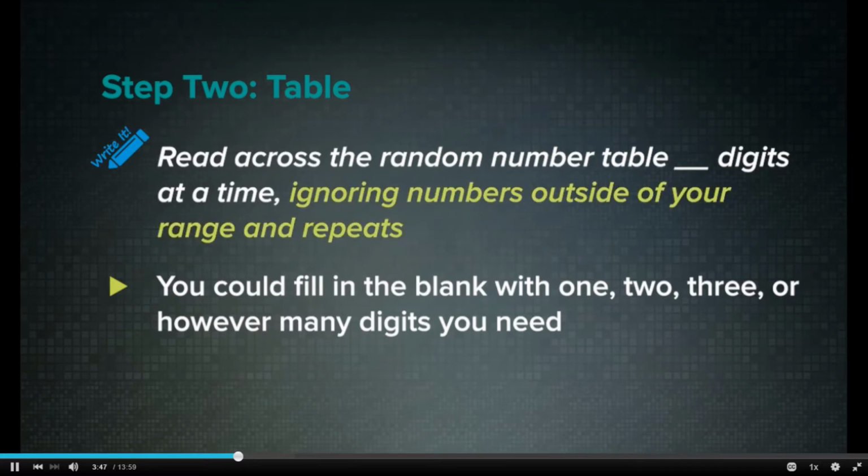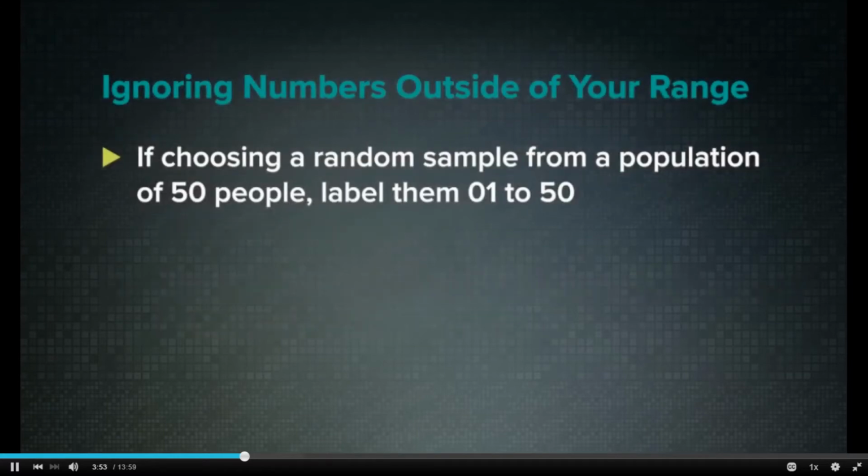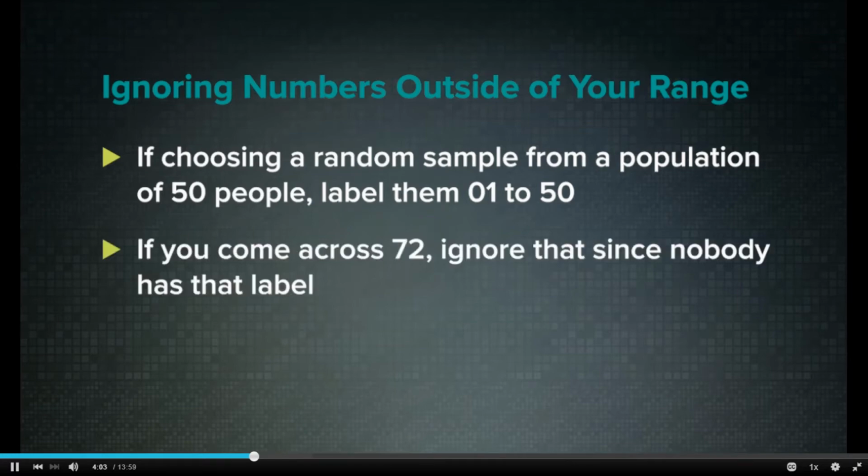What I mean by ignoring numbers outside of your range and repeats is the following. If I was choosing a random sample from a population of 50 people, I'd label them 01 to 50. If I came across the number 72, nobody has that label, so I want to ignore that.